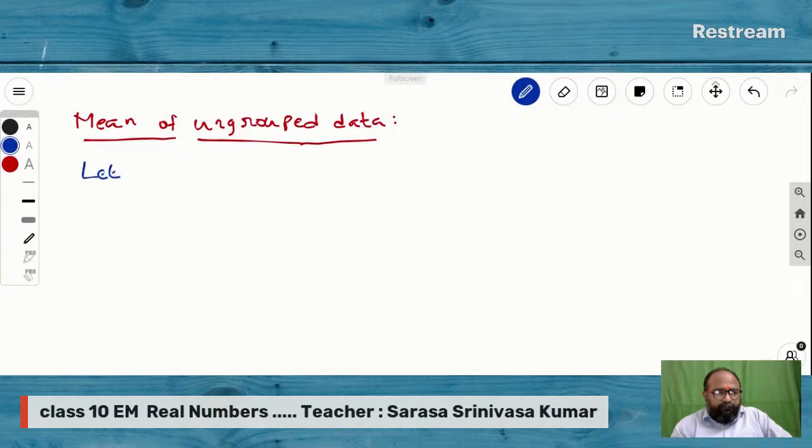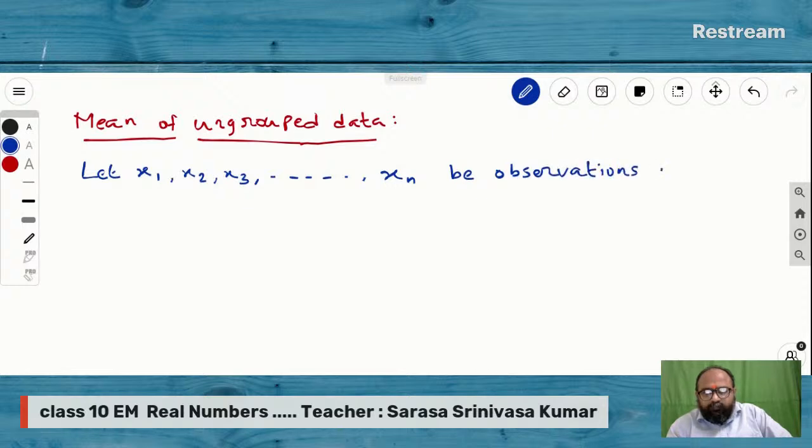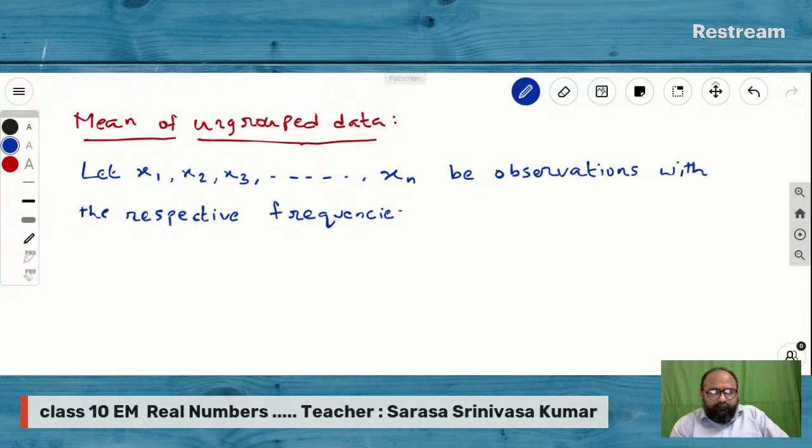Let x1, x2, x3 and so on, xn be observations with the respective frequencies f1, f2, f3 and so on, fn.